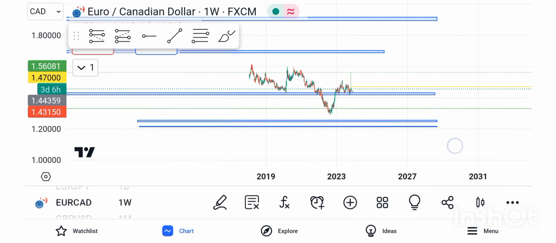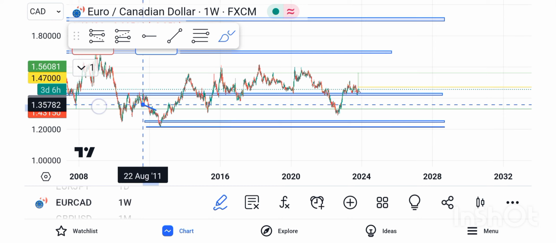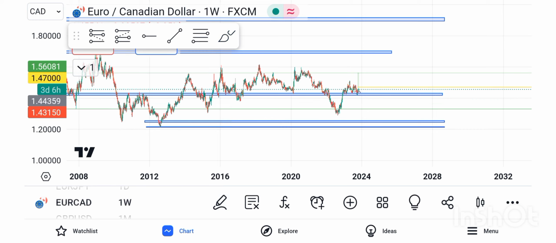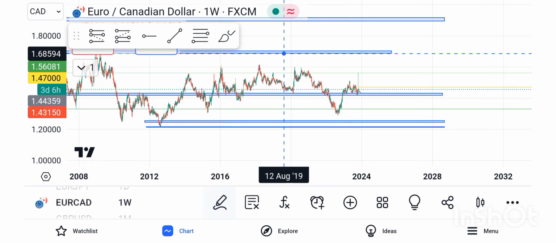Okay, so we've established that EURCAD is in a range, broke out of the range at this level, and it's back into the range. So what can we do now? If we look at the price at this point, immediate trend, it seems to be in a downtrend.